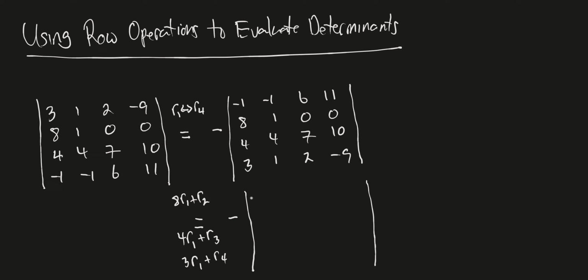So let's write down the first row. Here we go. Second row will become 0, -7, 48, and then 88. Third row will be 0, and look, we're going to eliminate this as well.